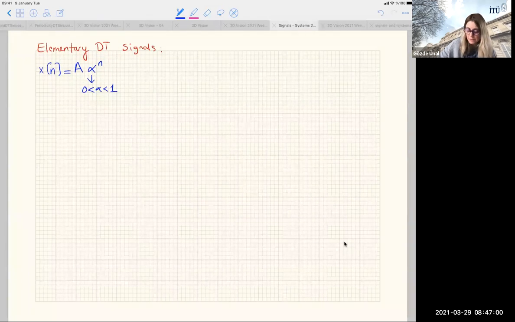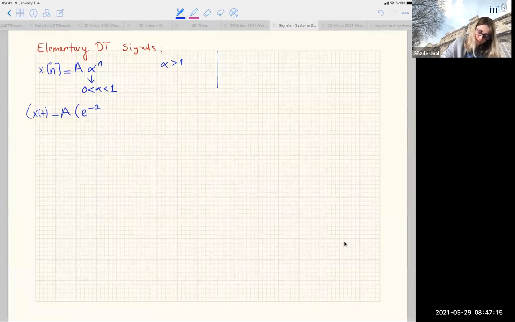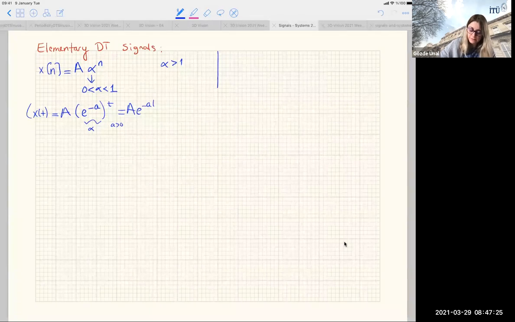Alpha greater than 1 is also possible, of course. The equivalent for alpha between 0 and 1 is a e to the minus at type. Here alpha is positive, remember. This is really an A e to the minus AT signal. This is the continuous time version, okay?